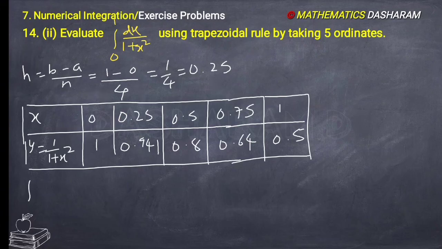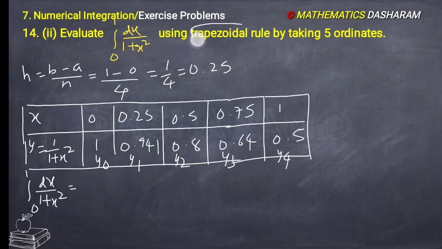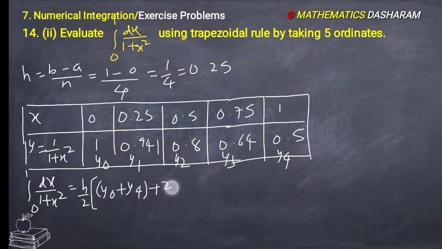So integration 0 to 1 dx divided by 1 plus x square equals your y0, y1, y2, y3, y4. So here it is asking by using trapezoidal rule. So then h by 2 bracket of sum of the first and last ordinate. So y0 plus y4 plus 2 into y1 plus y2 plus y3.